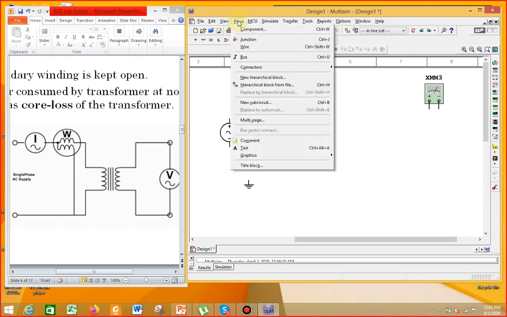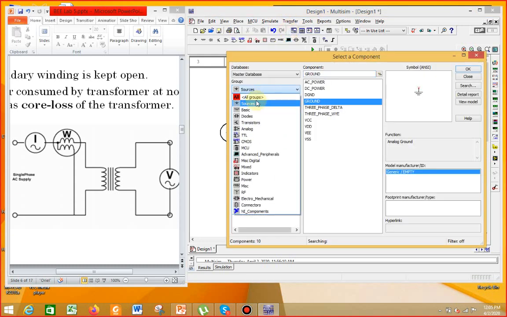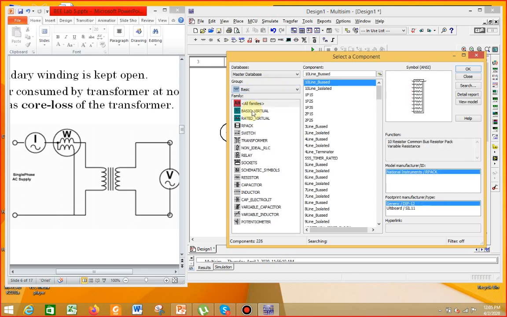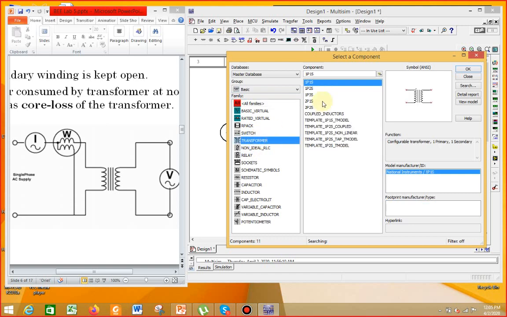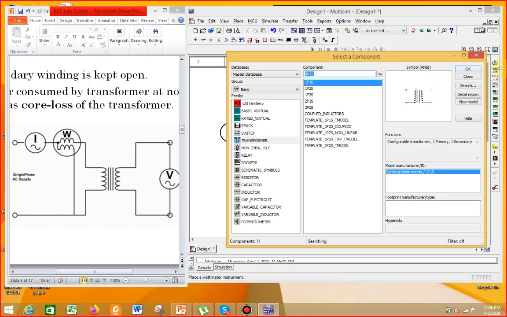So again, click on place, click on components, and then click on all groups, or just click on basics. In basics you will see transformer. The type of transformer we need here is configurable 1 primary and 1 secondary transformer. Just click OK, and here it is.